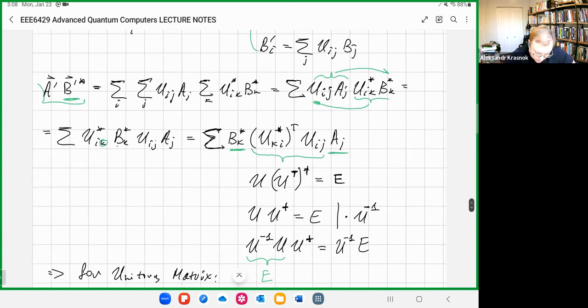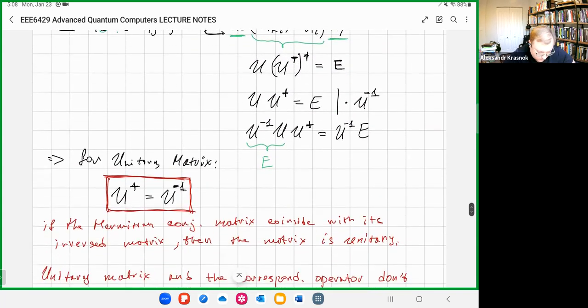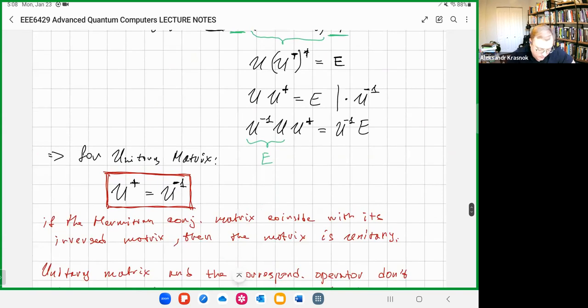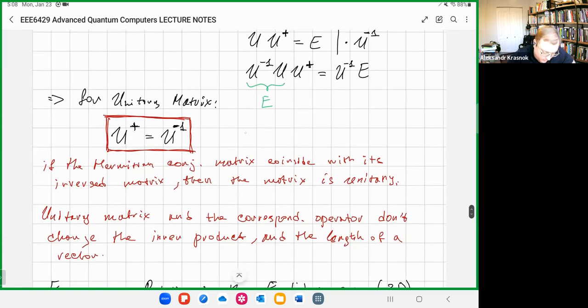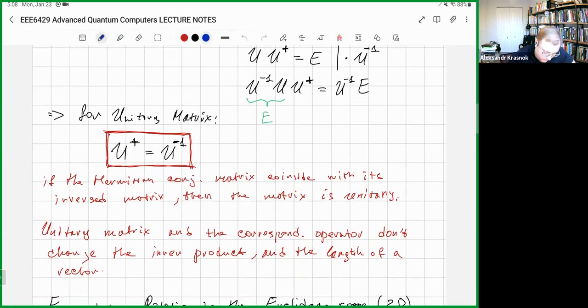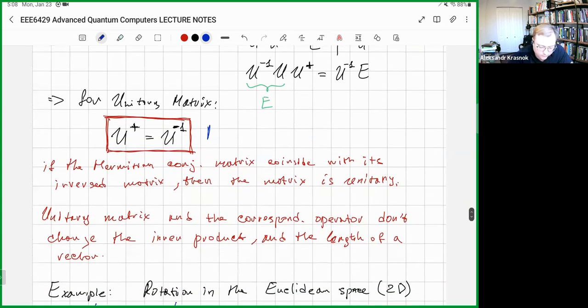And then we started discussing unitary matrices, or unitary operators. So this is the formula, the main definition. In order to check whether a matrix is unitary, you first take the Hermitian conjugation and then check if the result coincides with the inverse of the same matrix.